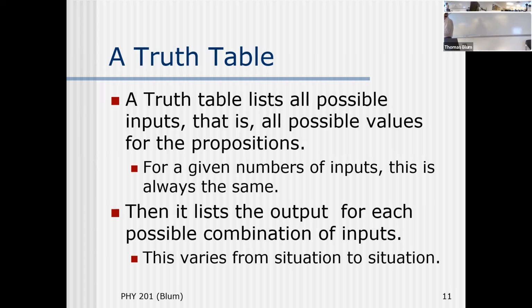There are times when we leave some out that we say we just don't care about. Like, oh, that's never going to happen. We don't care about it. When we get to a situation like that, I will point it out. But normally in a truth table, we have all the possible inputs. The order of the arrangements doesn't matter.